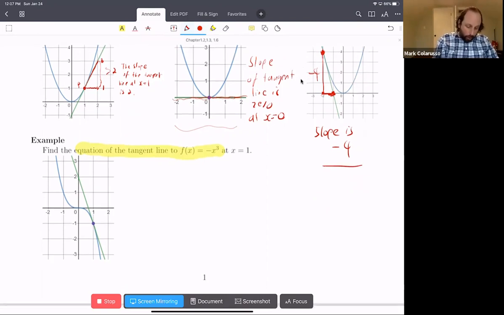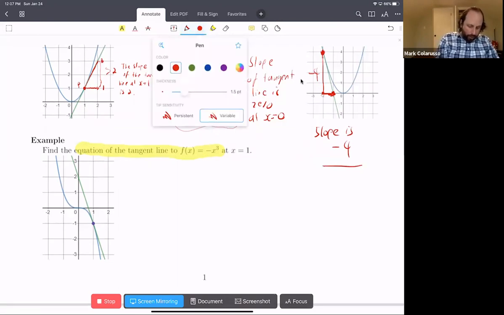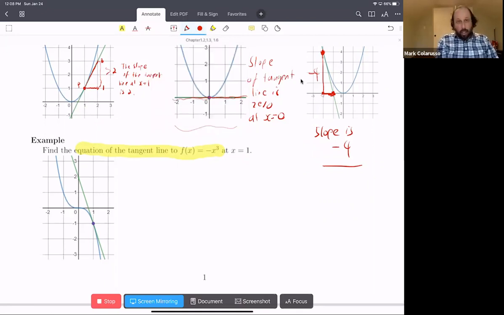Okay, so now we have to measure the slope. This is a bit trickier to do the way we were doing it before, because we don't really have enough room to the right to see the change in y very clearly on the green line. So I'm actually going to think about 1 unit in the x direction to the left, and then look at how the y values of the green line change as I go from x equals 0 to x equals 1.